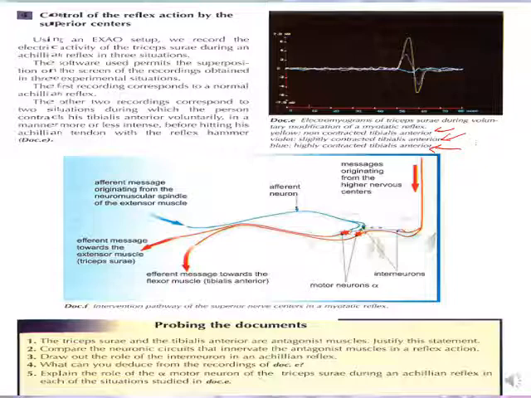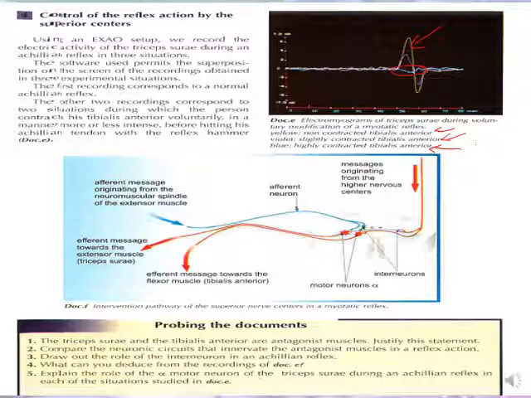It's the largest with a non-contracted one, as seen, the yellow one is the largest. And the weakest one, sometimes even negative, is in the case of the highly contracted tibialis anterior, the blue one.